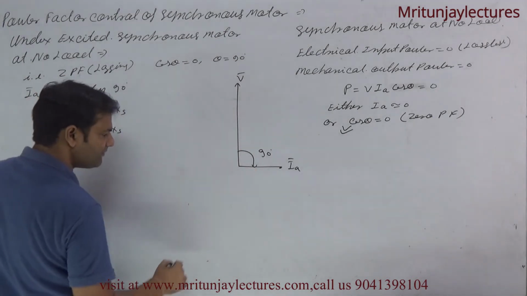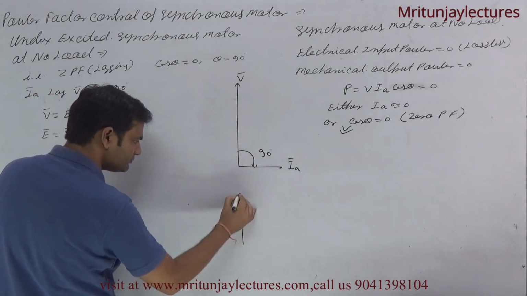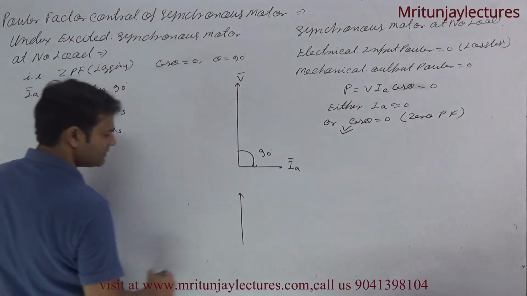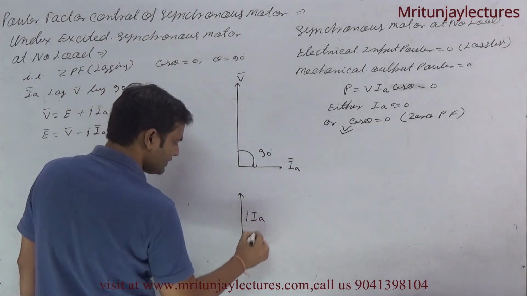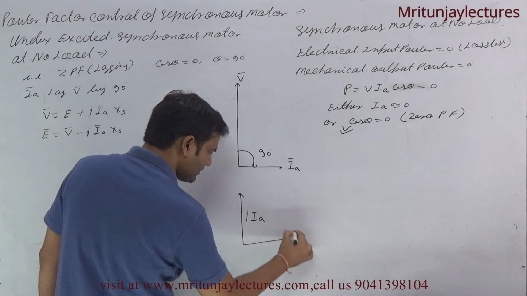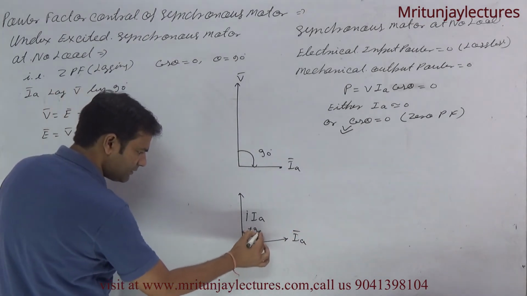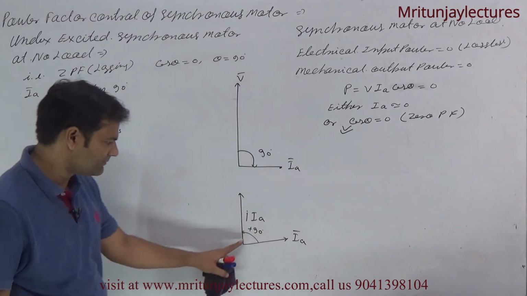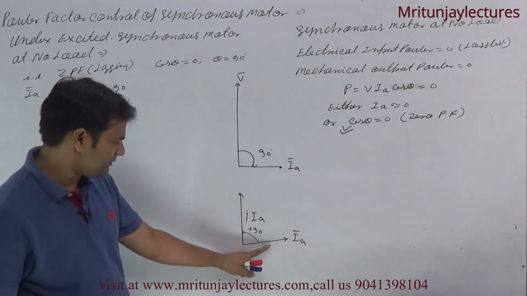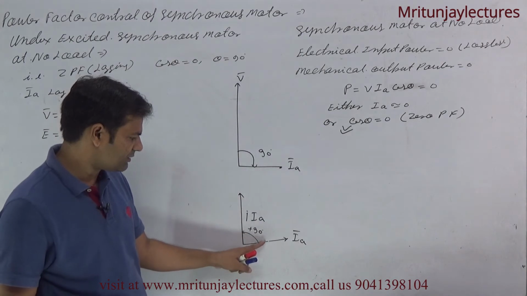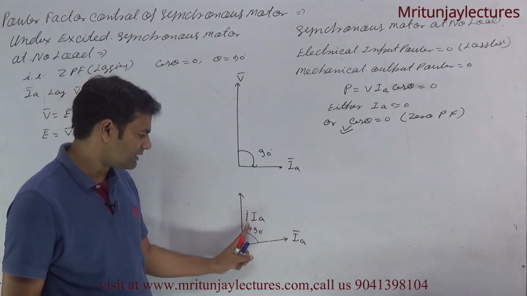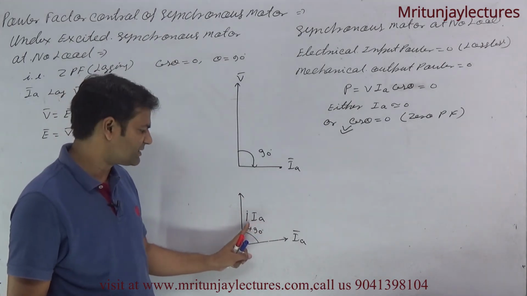If multiplied by J, then it is rotated 90 degrees anti-clockwise. If Ia is rotated here 90 degrees anti-clockwise, that represents J into Ia.